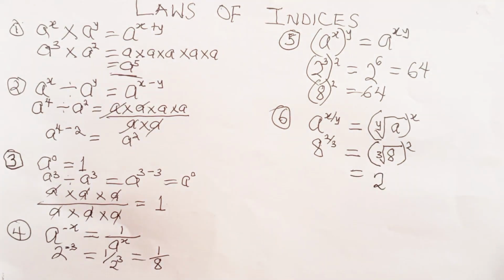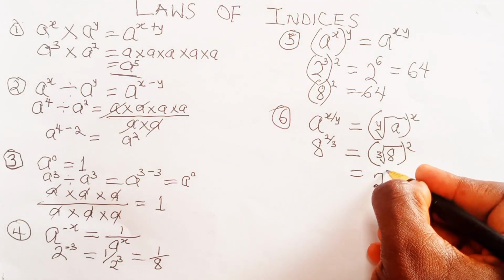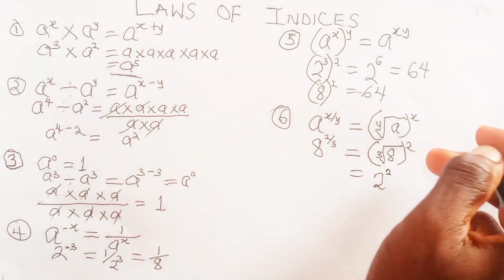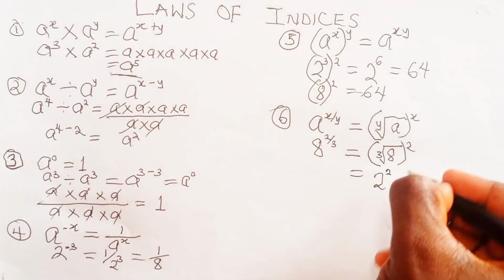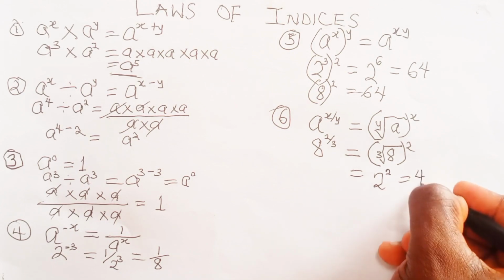What third root means is, what is that number for which when you multiply it 3 times gives you 8? So 2 is that number. So 2 times 2 times 2 gives us 8. Then once you've gotten the third root, you go back and place the power. So 2 raised to power 2 gives us 4.